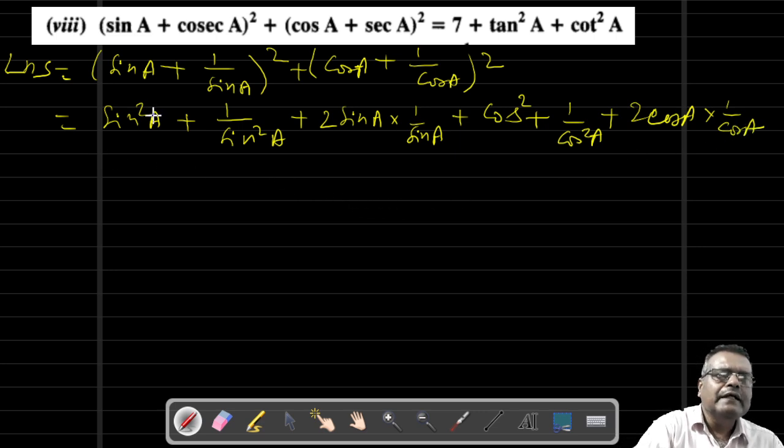So you see sin square A plus cos square A is 1, and here sin A and 1 by sin A cancel, and cos A and 1 by cos A cancel.